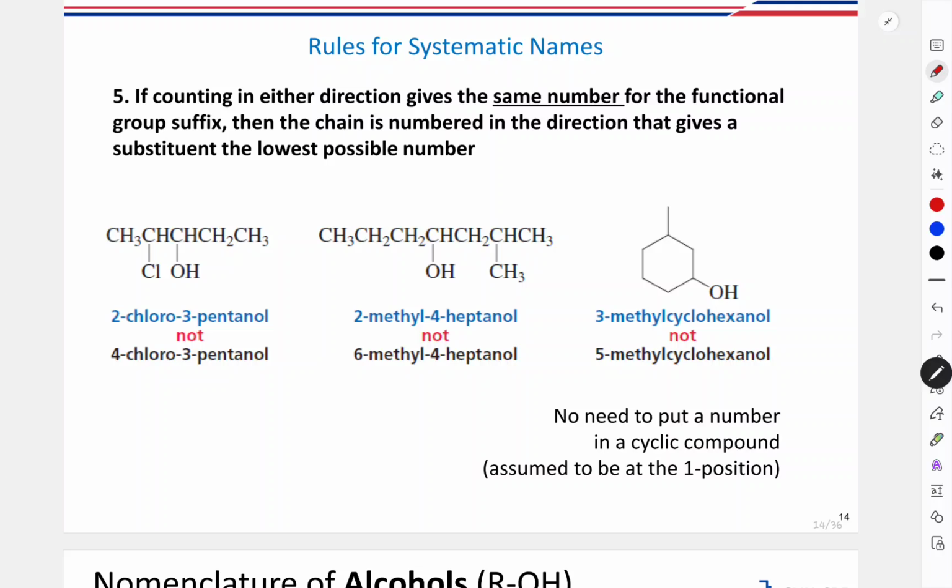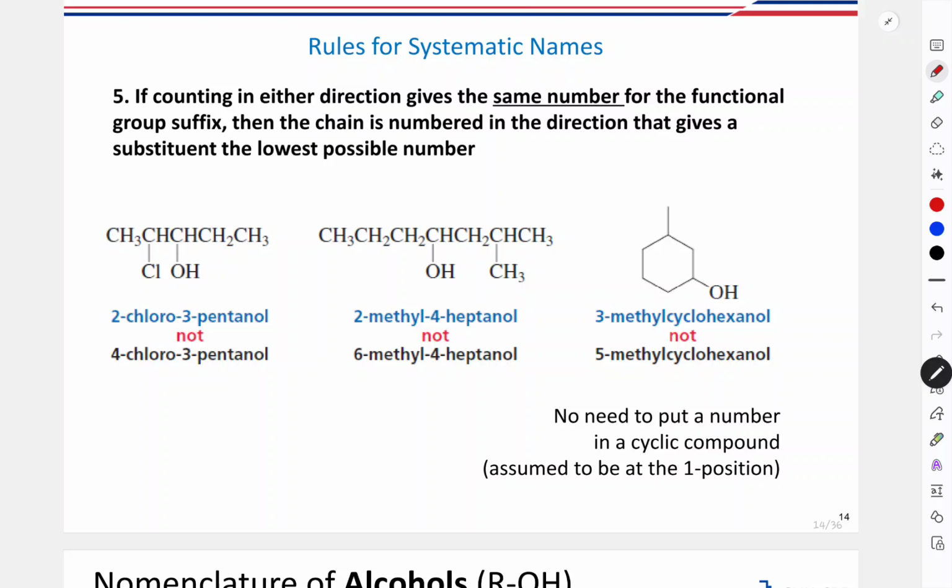If you go counterclockwise, then this carbon becomes number 3. But if you go clockwise, then 2, 3, 4, 5, the methyl-attached carbon becomes 5, which is not preferable. You should choose counterclockwise so as to give the substituent the lowest possible number, which is 3. That's why this is 3-methylcyclohexanol.